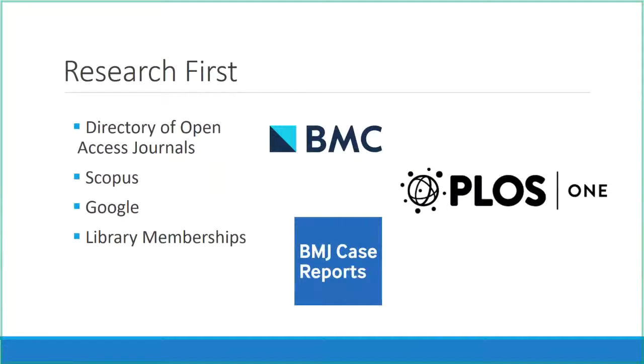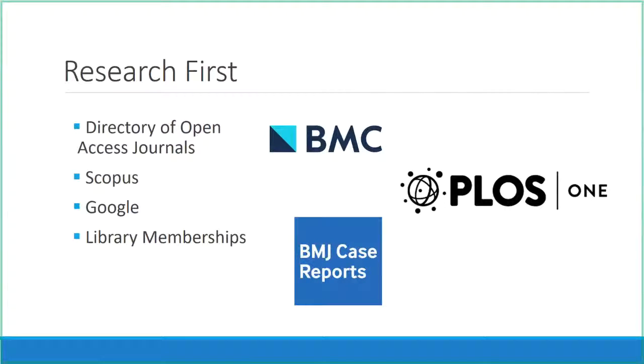And the one thing you could do is stick to journals where the library has memberships with them. So these are journals that are verified to not be predatory journals, and many of these have very good citation metrics. And most importantly, the library pays the author fees for these.